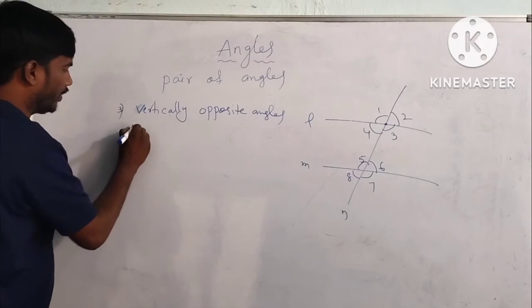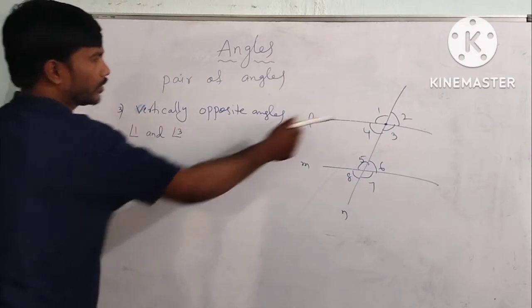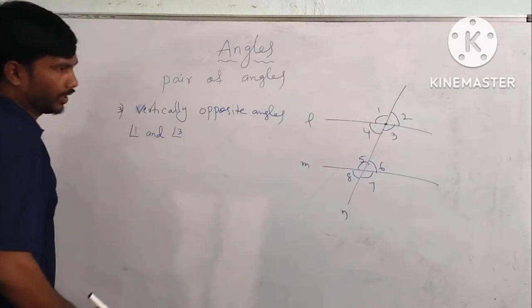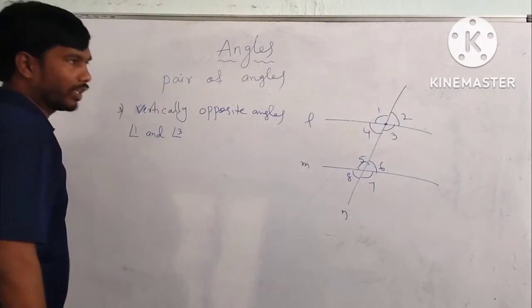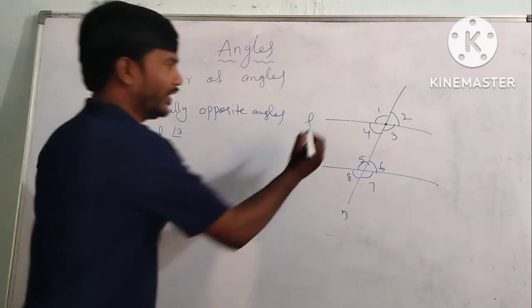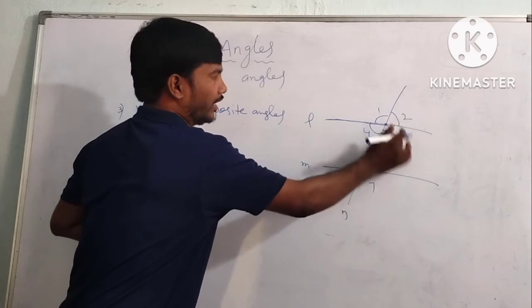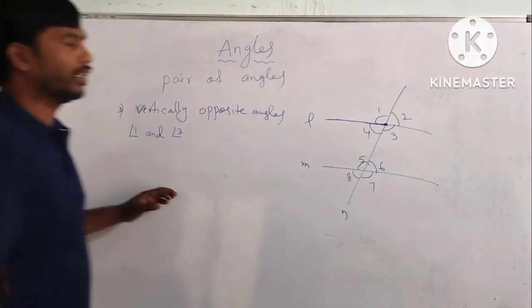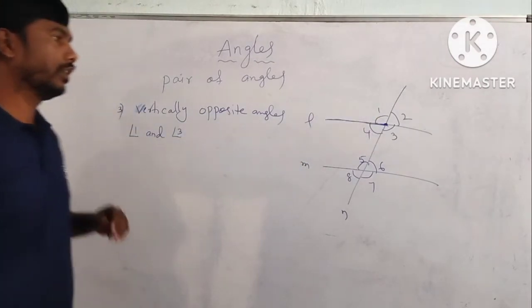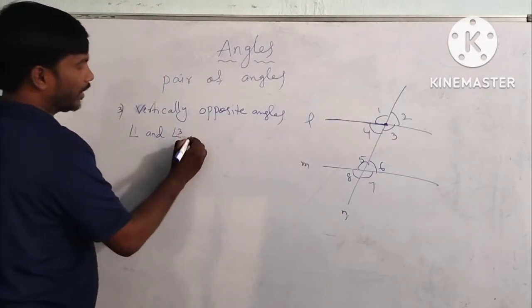Angle 1 and angle 3, both of them vertically opposite. Sir, 1 and 4 are also opposite only, na? But between them a line is there. But between 1 and 3, what is there? The vertex, the corner. So that intersecting point is there. 1 and 3 are vertically opposite.